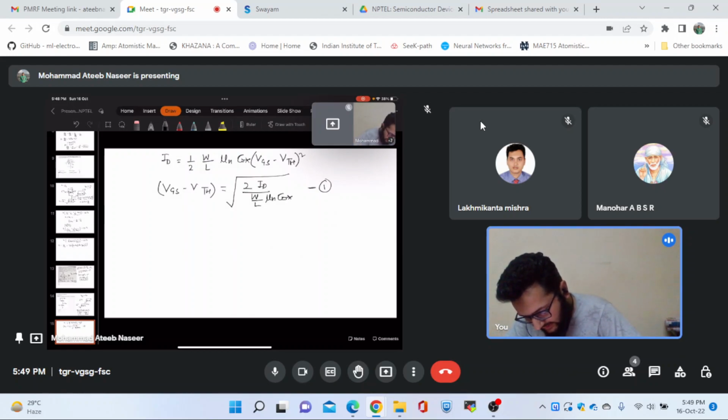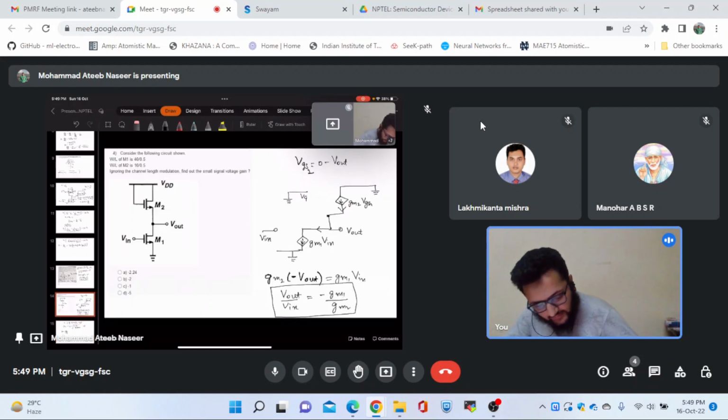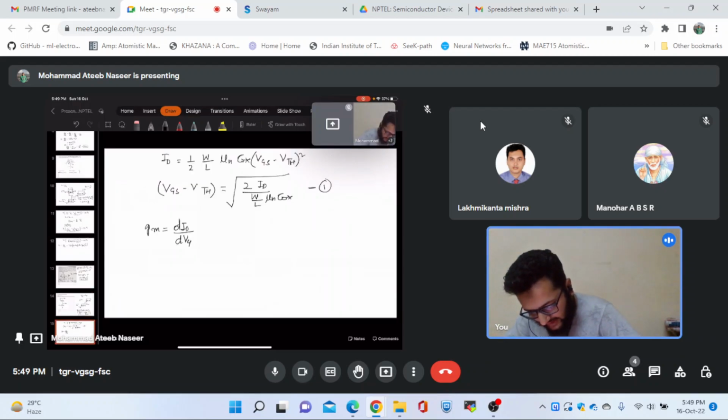Now for GM, we know GM is equal to dID by dVG. Since we got the ratio of two GMs, I need to find GM. If I differentiate this, it will simply be equal to W by L mu n C ox (VGS minus VTH).